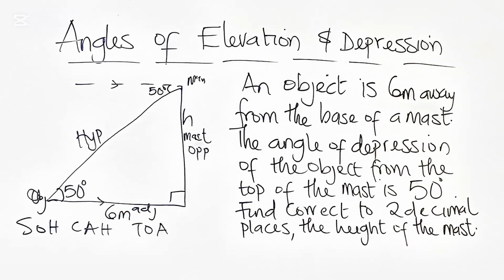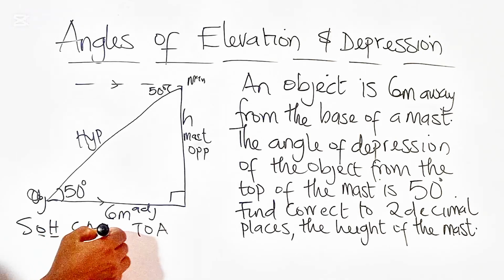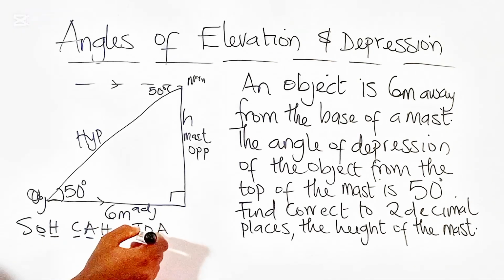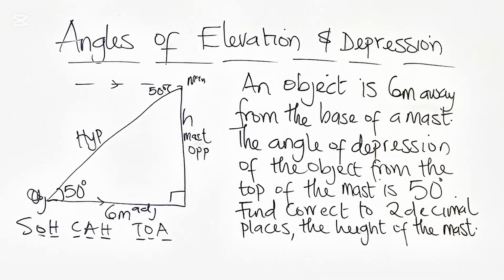For the sake of those who do not know what this means, these are the basic trigonometric ratios. We have sine ratio, which is opposite all over hypotenuse. This is the cosine ratio, which is adjacent all over the hypotenuse. And we have the tan ratio, which is the opposite all over the adjacent.